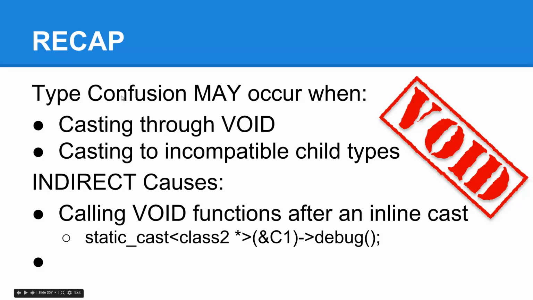So, to recap, type confusion may occur when casting through void, or when casting to incompatible child types. Indirect causes involve calling any void function after an inline cast, and other developer errors.